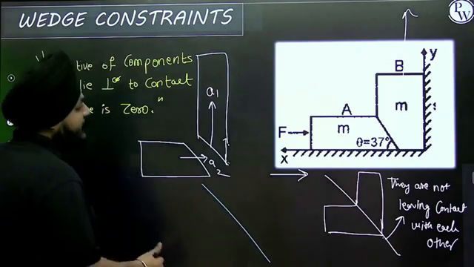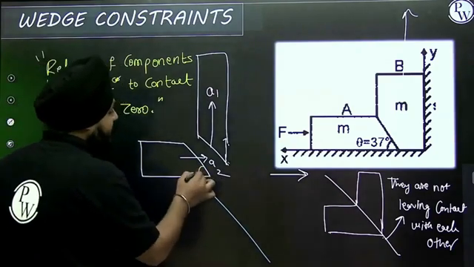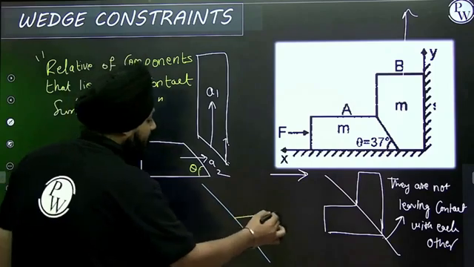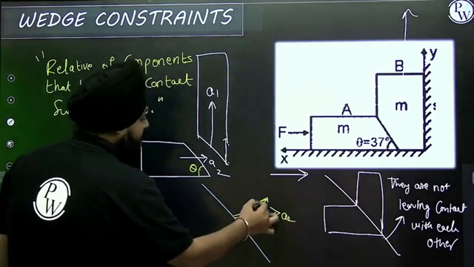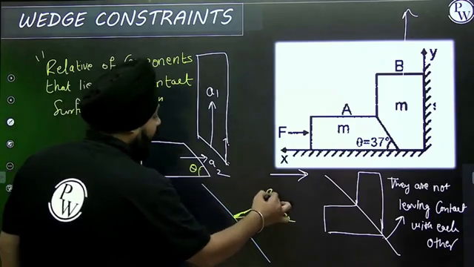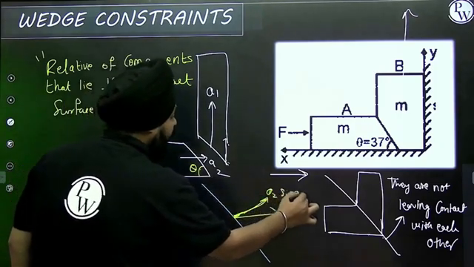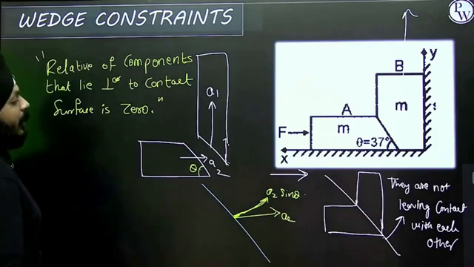Suppose this is theta. So this is A2, this is also theta, and this component will be A2 sin theta and this will be A2 cos theta.